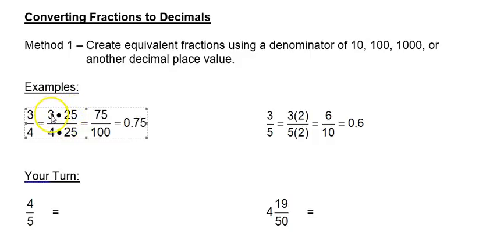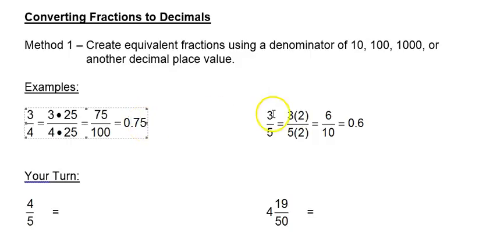So that's why I multiplied 3 by 25, which is 75. So 3/4 is the same or equivalent to the fraction 75/100ths. And to write that as a decimal, we would write 75, and this 5 is in the 100th place value.